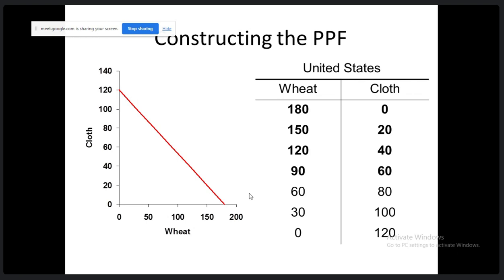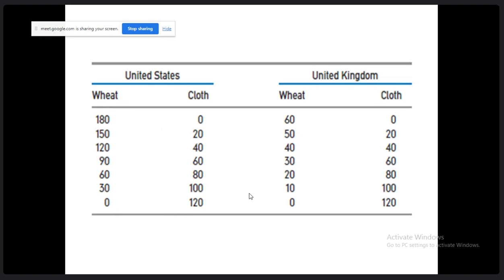Now can you draw the same for UK? Please draw it in 2 minutes time. Can you draw a production possibility frontier for UK using this table? Wheat will be on the OX axis and cloth will be on the OY axis.